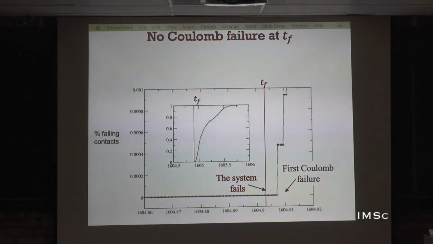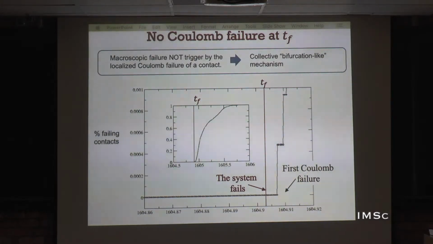So the message is that the failure, for these cases, is not driven by a localized event. What's happening is that first we have some collective process. Particles start moving. When they start moving, some contacts reach the Coulomb threshold and break. So you do have some collective process.